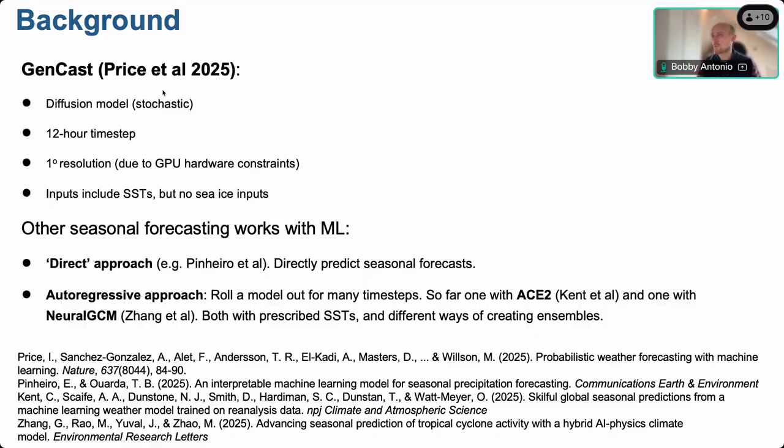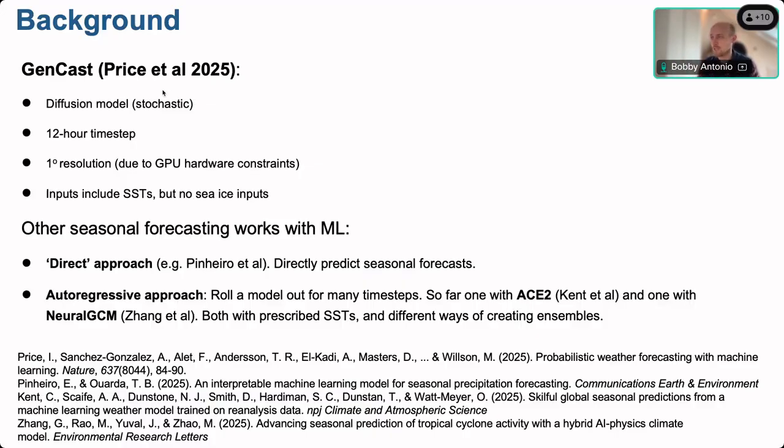And in general, there have been other people looking at seasonal forecasting with machine learning. I'd say there's, roughly speaking, two approaches. There's what I would call the direct approach, where you directly predict, say, the seasonal forecast of 2-meter temperature, so you don't have to predict anything in between.